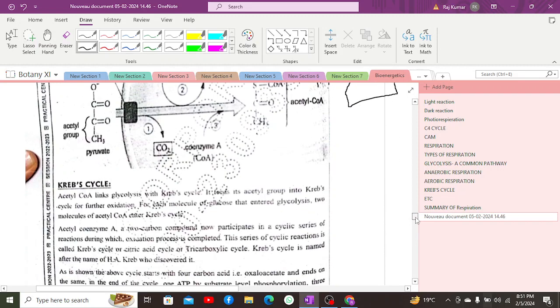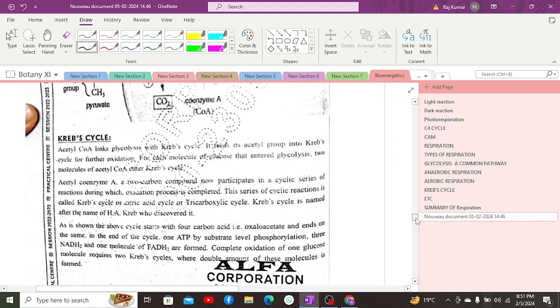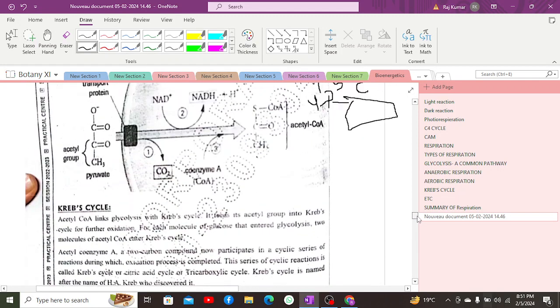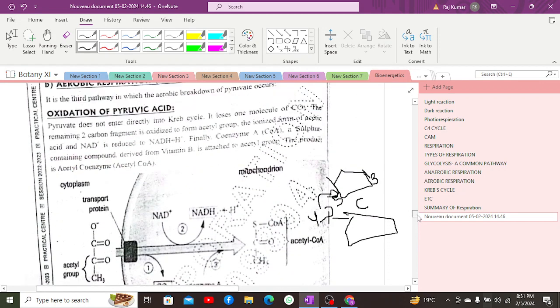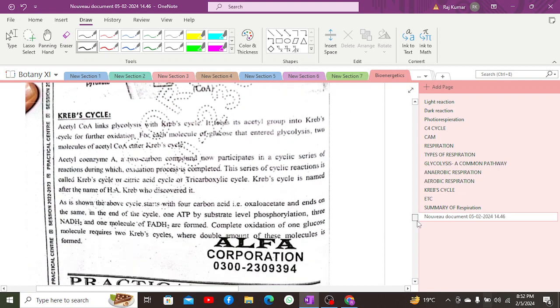Right. After that, when it comes to the other part, there is the Krebs cycle. First acetyl CoA is formed. It is then taken inside the mitochondria through active transport by the transport protein transcolase. After that, in the Krebs cycle, acetyl CoA links glycolysis with the Krebs cycle. It feeds its acetyl group into the Krebs cycle for further oxidation.